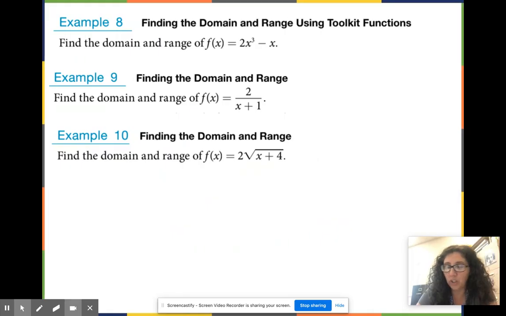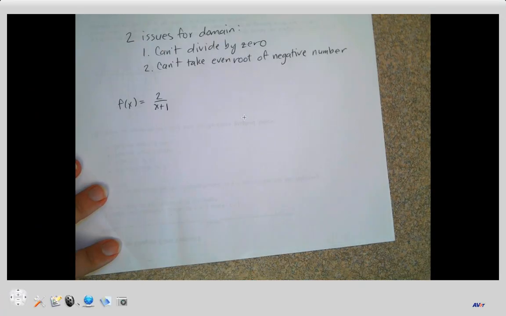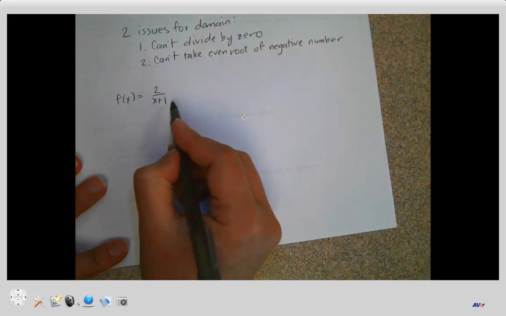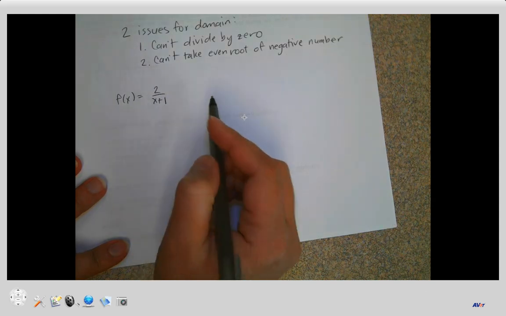All right, so let's look at example 9. Find the domain and range of this. We don't have any square roots, so we don't have to worry about that, but we do have a denominator, and we can't have the denominator equal to 0. So how do we figure out what the domain here is? Well, we can't have this equal to 0, so we have to figure out where it is equal to 0.